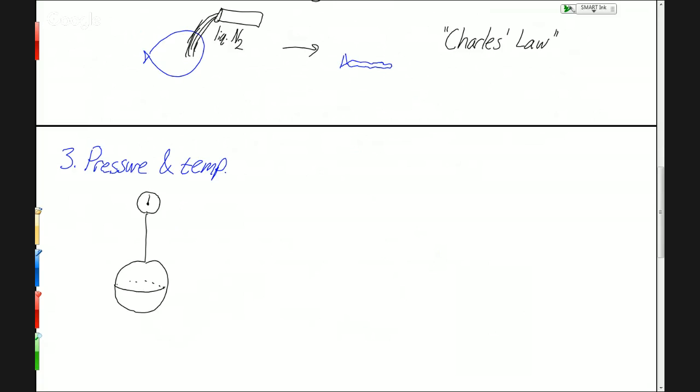And what we're going to do is submerge that in something cold, like ice water or dry ice. And when that thing gets submerged in the cold, we'll see the pressure on the dial go down.